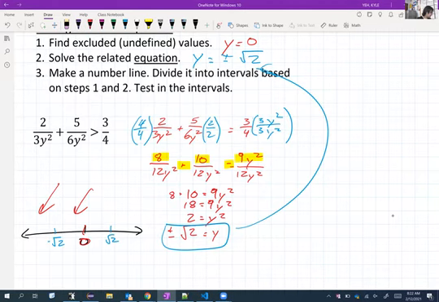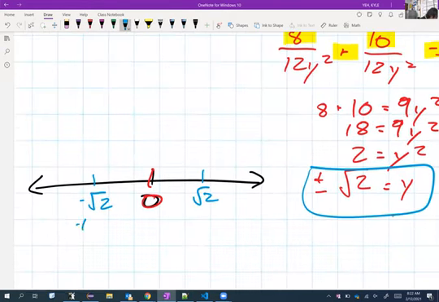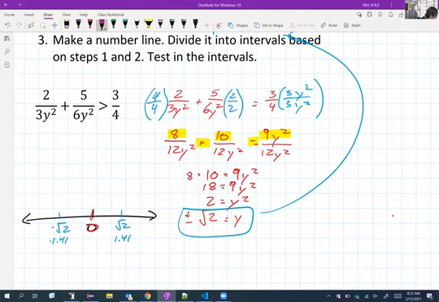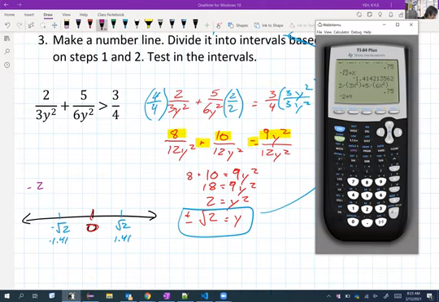So here's what I'm going to do. I'm going to use my calculator. I'm going to say, okay, these roots were about 1.41, positive and negative 1.41. So maybe I will test negative 2. That would be on this side. Come to my calculator, negative 2 store x.